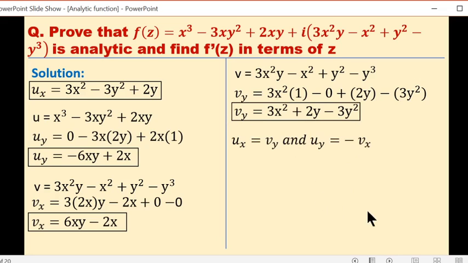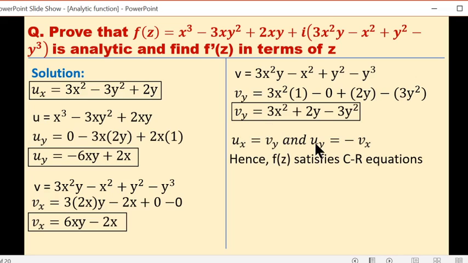Okay, so now we have to check whether this condition is satisfied or not. All right, so you can check here, ux we have to check with vy. Look, in ux what is the first term: 3x square, 3x square, minus 3y square, minus 3y square, plus 2y. So ux is equal to vy.